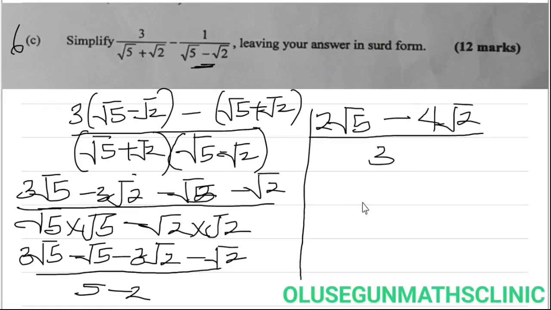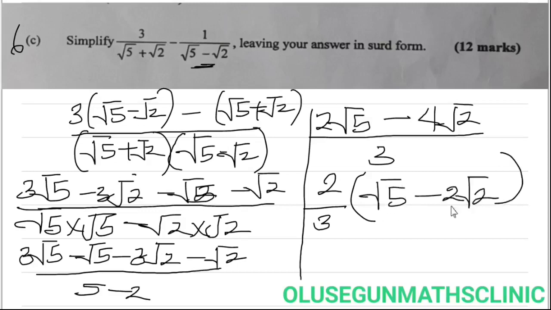So therefore 2 is common, to be 2 over 3 onto root 5 minus 2 root 2. So that is the answer for question 6C.